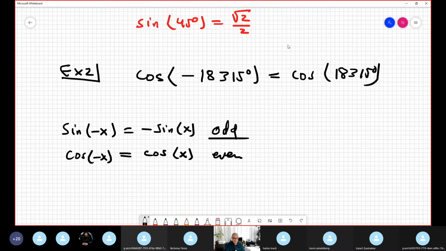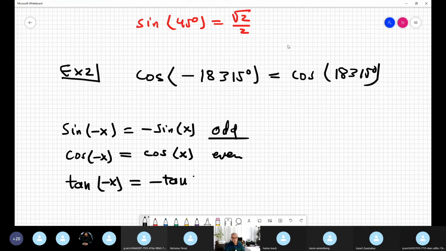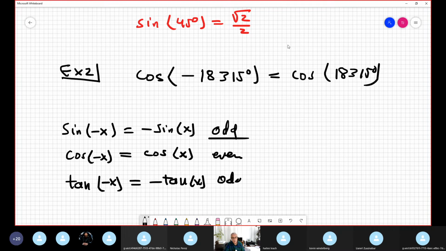Tangent is exactly the same: tangent is an odd function, so minus tangent of the angle. The only even cases are cosine and secant. The rest, sine and cosecant, are odd. Tangent and cotangent, odd.